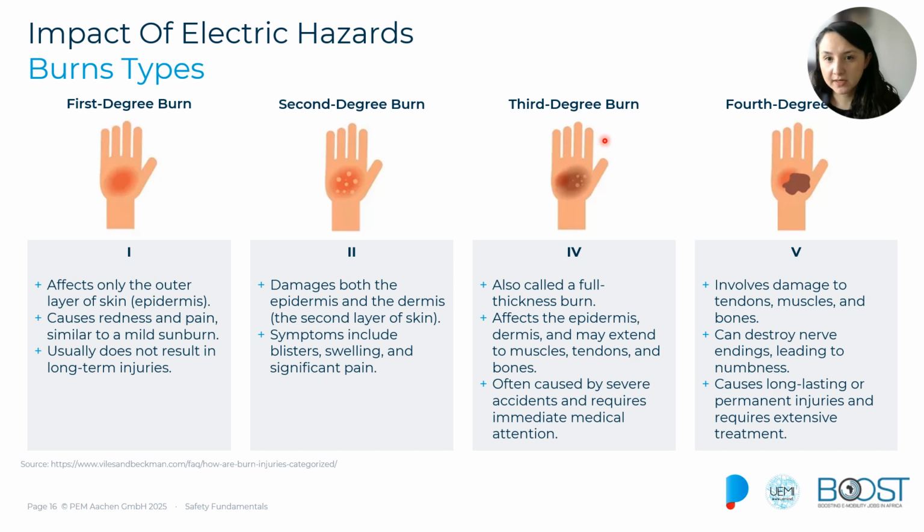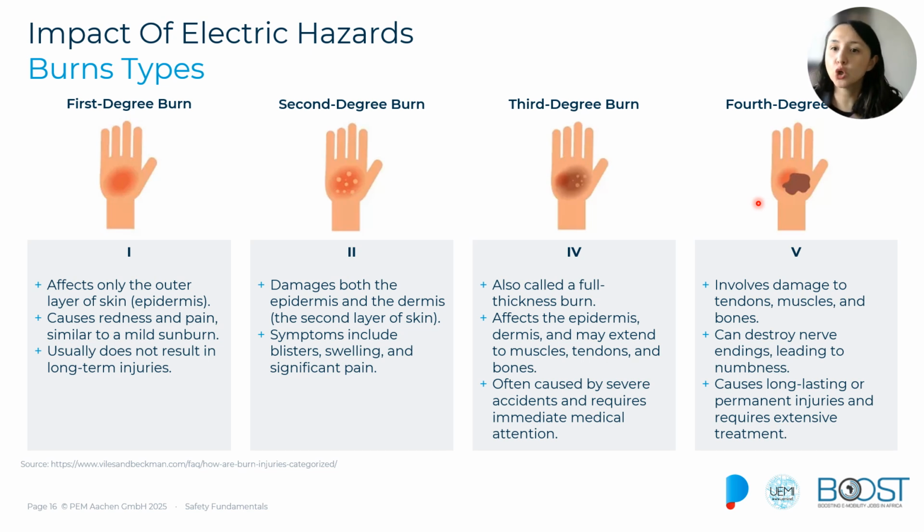To make this very vivid, let's imagine that there is a high voltage arc flash, and this occurs near you and you are an unprotected worker. The intensity of the heat that is generated in an arc flash, even if it lasts just a few milliseconds, can cause third or even fourth degree burns, even without direct contact with the conductor that is carrying the current.